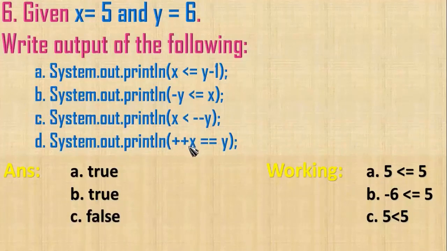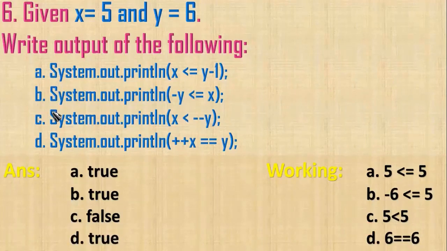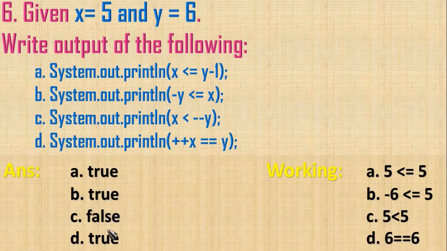Now plus plus x equal to y. So this will have higher precedence. Plus plus x is 6, equal to 6, that is true. Here it is given as individual sums. If we execute all together, x value and y value may change here. So true, true, false, true, as we have seen in the result.